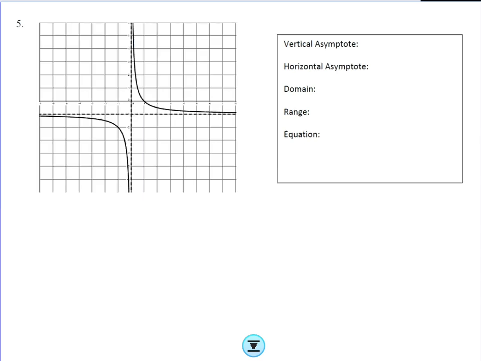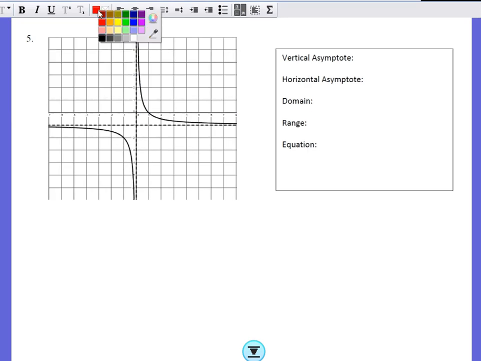All right, moving on to number 5, we can see that our vertical asymptote here, again, because they're nicely labeled for us here, is actually on the y-axis, x equals 0. But then the horizontal asymptote has been shifted down, y equals negative 1, so we can see that.